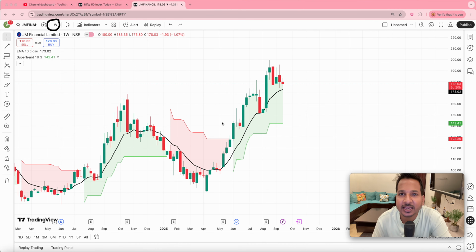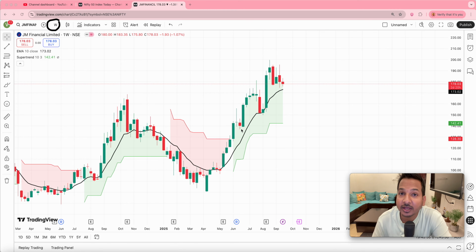You can easily check that in many apps, like Stockage, or charting screeners, where you can find which stocks are positive in weekly Supertrend. There our entry will be. So this is the entry rule: when Supertrend is positive, we will take the entry.